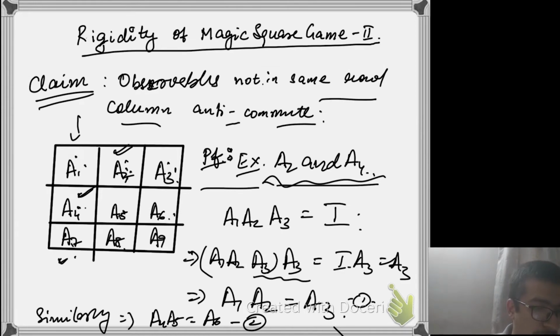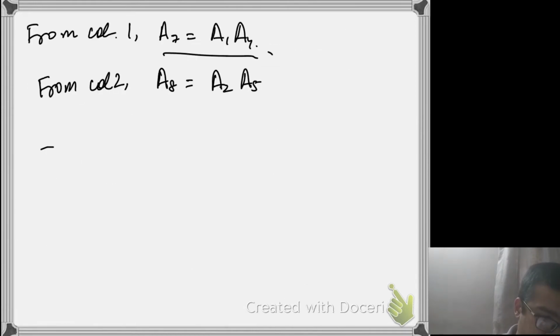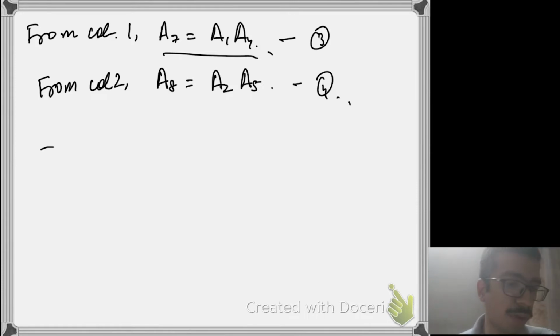So this is equation 3, this is equation 4. Now what we are going to do is take row 3 and column 3.